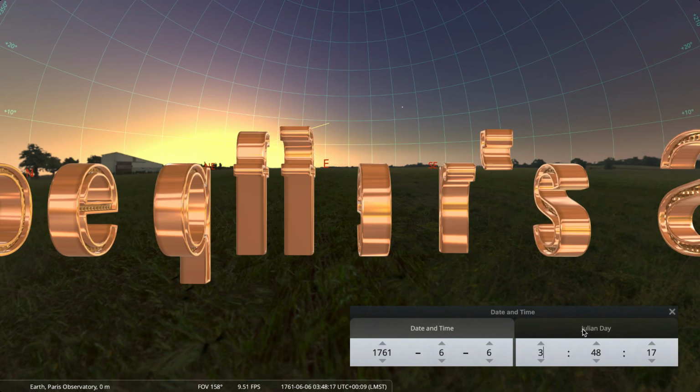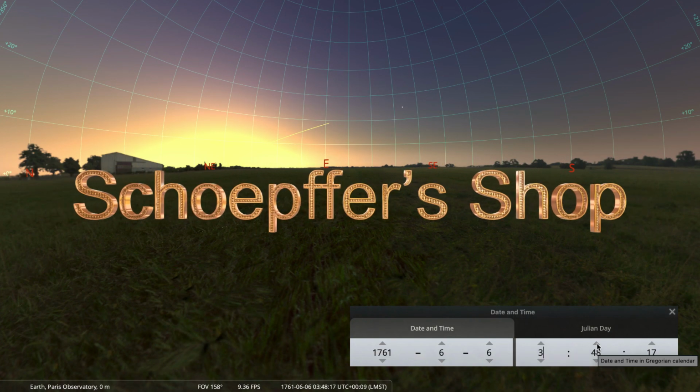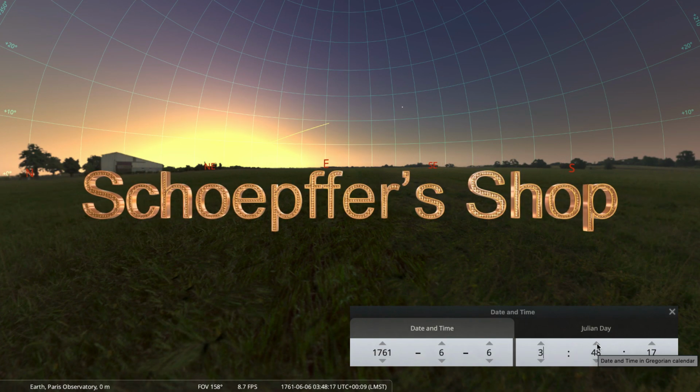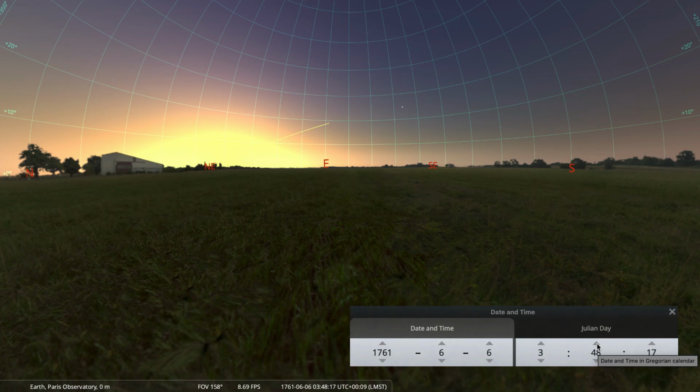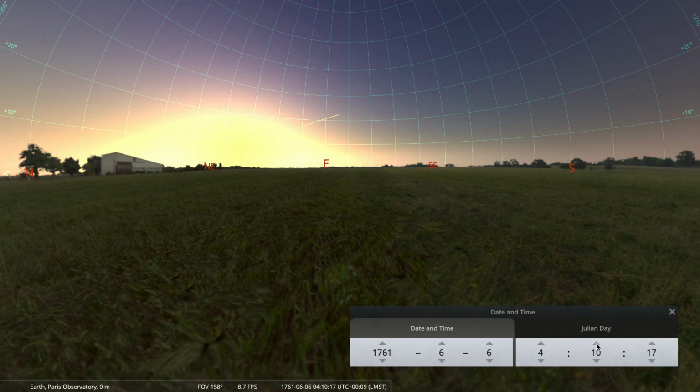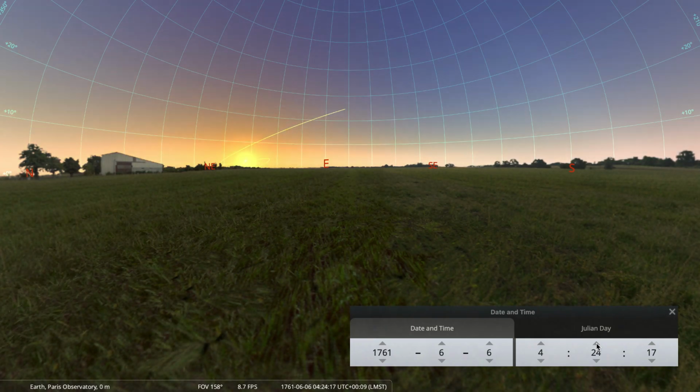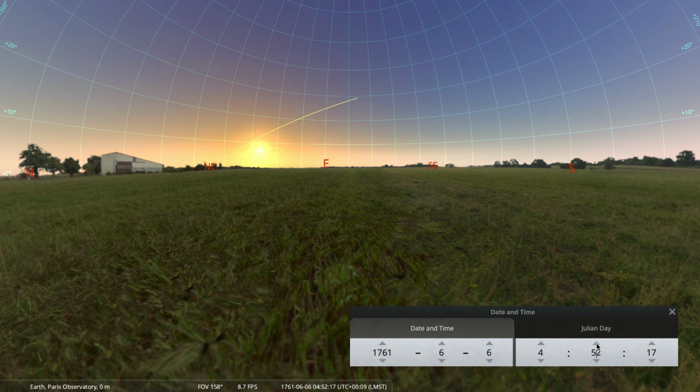This is a Venus transit in 1761. This is in Paris latitude. So I want to show the, if you hold down the minute over here, you can make it, does a pretty good approximation without going too fast.